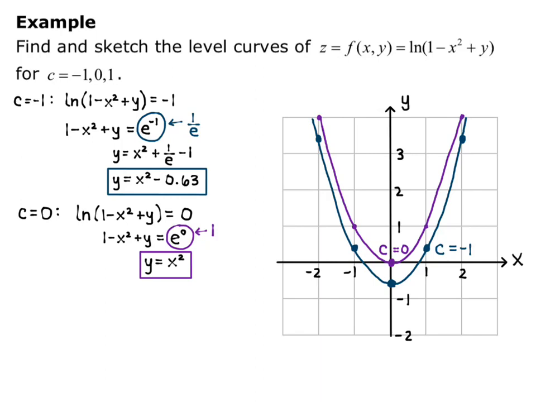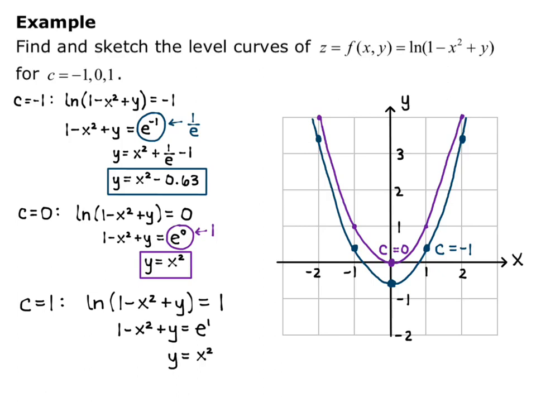Now we need to do the math one last time for c equals 1. So we get natural log of 1 minus x squared plus y equals 1. Apply e to both sides to get rid of the natural log. We get 1 minus x squared plus y equals e to the 1.